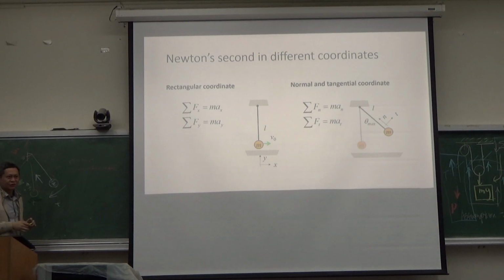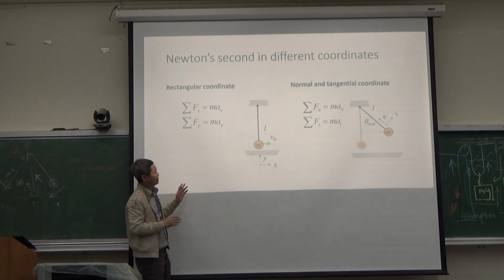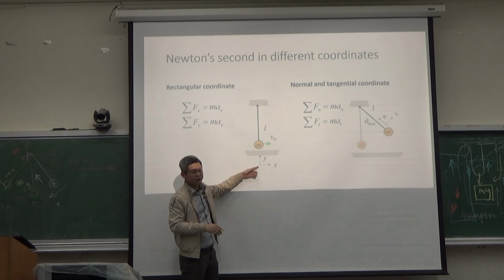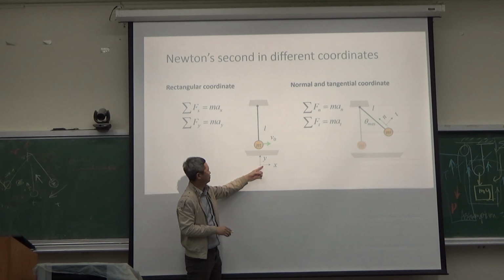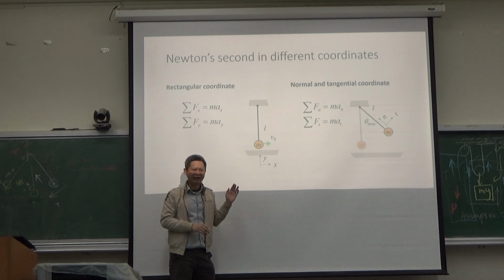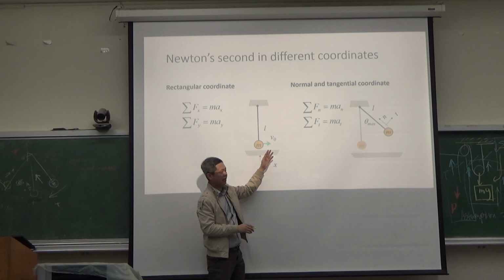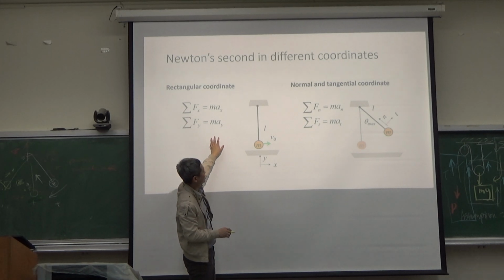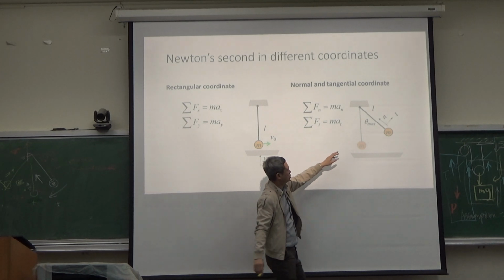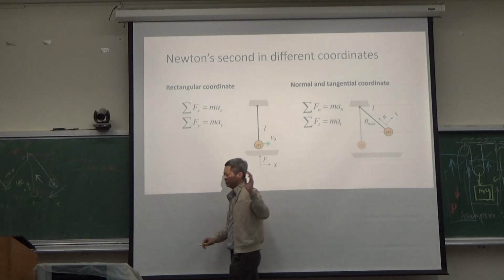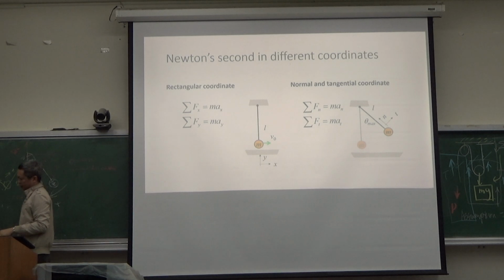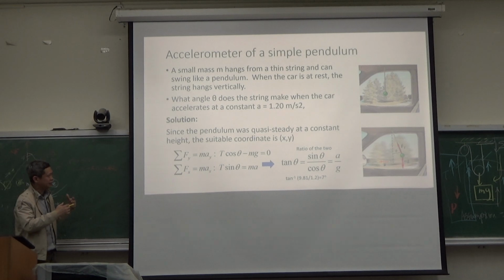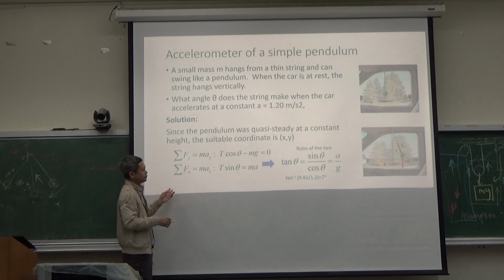So how do you describe the motion of the pendulum? As I told you before, at the bottommost position, you can describe using x and y coordinates. But these x and y coordinates keep changing, so in the end this is not really valid. Then you change to the n-t coordinate, the tangential normal coordinate. So when do you use this kind of coordinate?